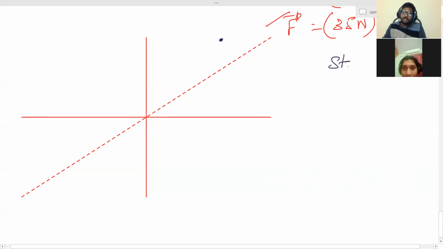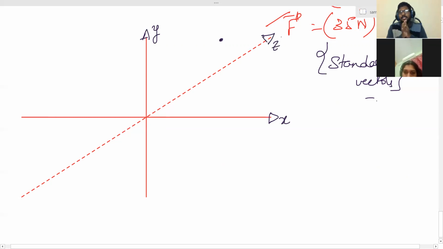For us to describe any vector, we have some standard unit vectors we created. In our 3D space, can we describe it by x-axis, y-axis, z-axis? Anything can be easily described with respect to x, y, z, isn't it?